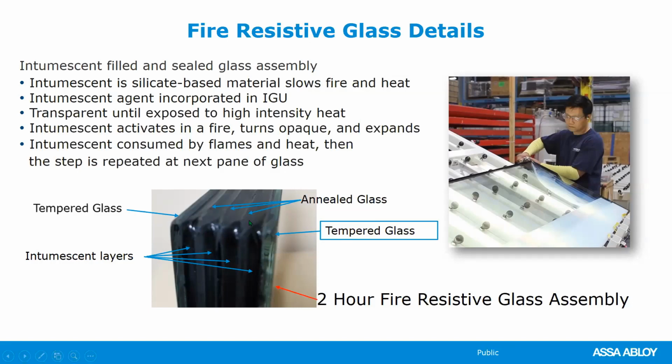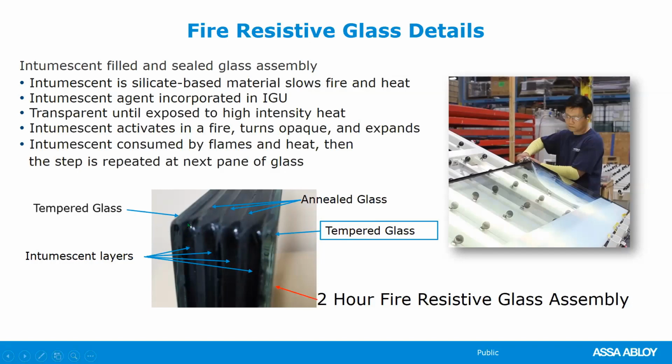If you look at the construction of the glass a little bit closer, you can see the outside glass panes are tempered with the interior glass panes being annealed. This is a makeup of a 2-hour rated product. You have intumescent layers as identified between panes of glass.